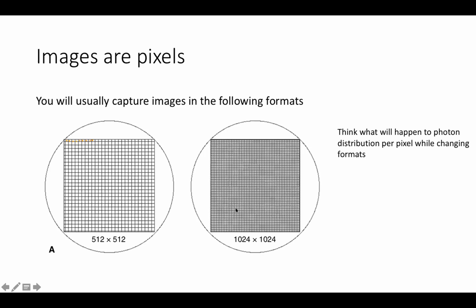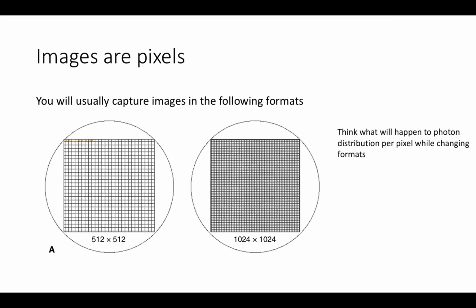So two things will happen. One, it will take more time to scan a 1024 by 1024 image, and second, the image is going to be big in size. The size of an image is no longer a problem, but how long it takes is definitely something of your concern, which we will talk about in detail when I show you the sample on the microscope.